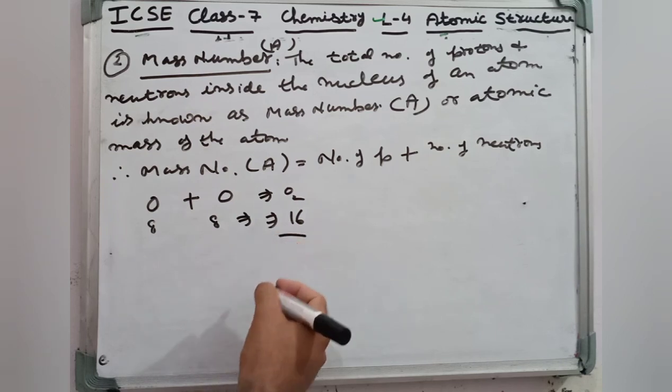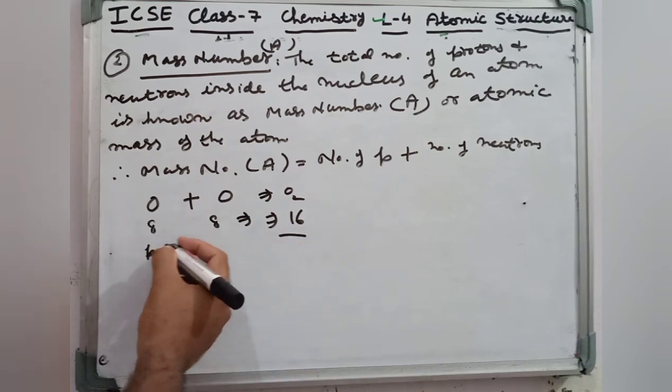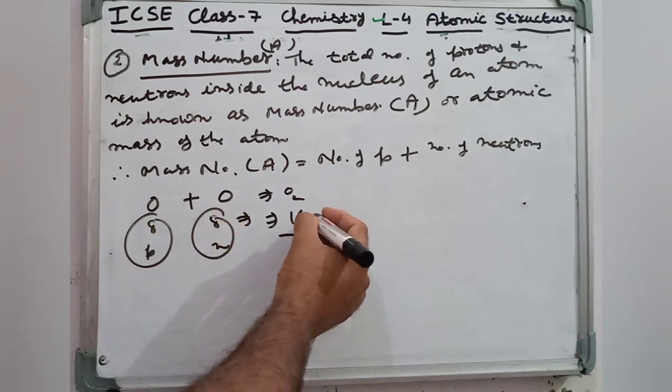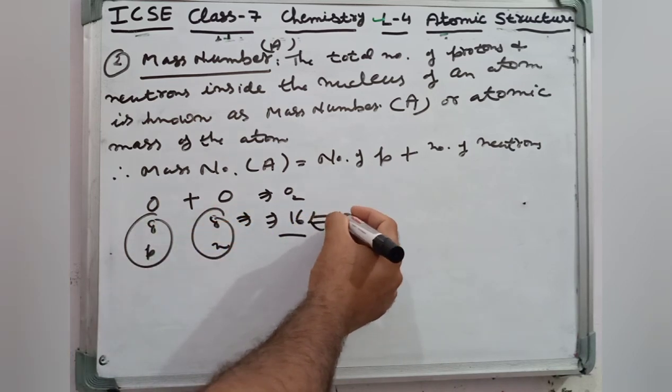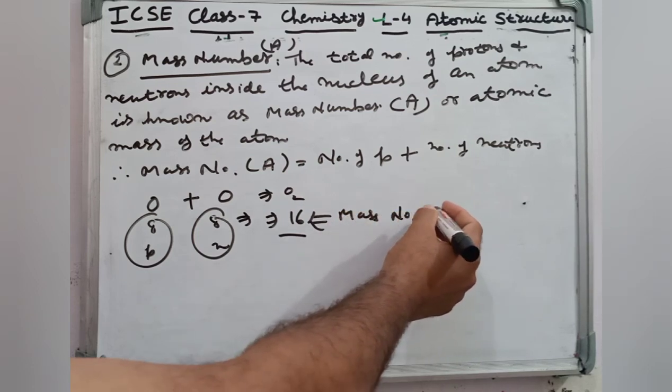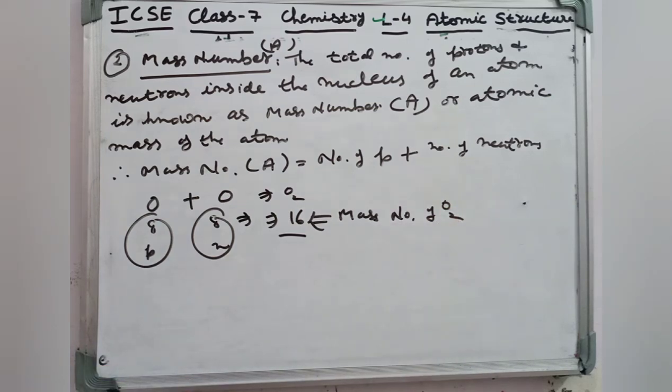So its mass number is 8 protons plus 8 neutrons, which becomes 16. In the same way, sodium has 11 protons and 12 neutrons in the nucleus. Its mass number is 23.